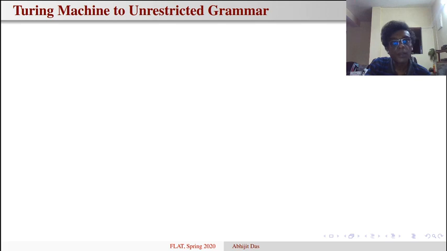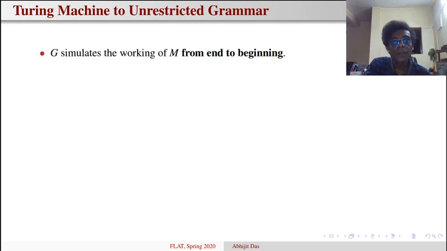So my grammar will do the opposite thing. It will simulate the working of M from end to beginning. Why? At the beginning, M gets the input string, whereas G generates a string over terminal symbols at the end. So they have some kind of opposite behavior.